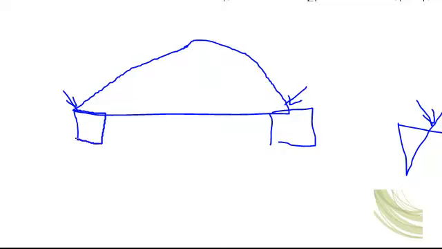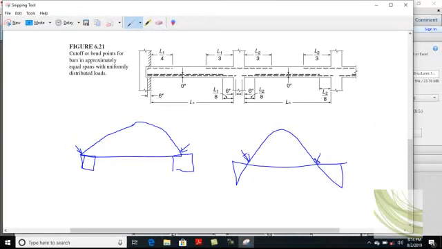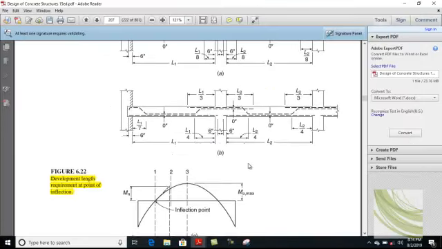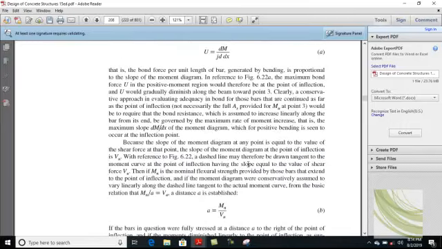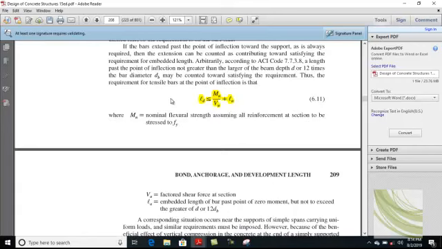At the zero moment place, which is known as the point of inflection, ACI imposes some sort of restriction. Whenever you are cutting bars at these points, you have to check the ACI criteria, and that criteria is this one.